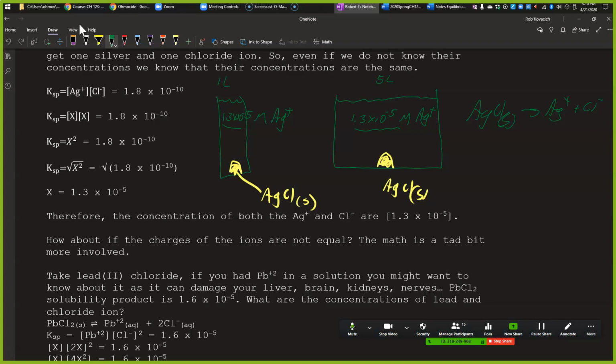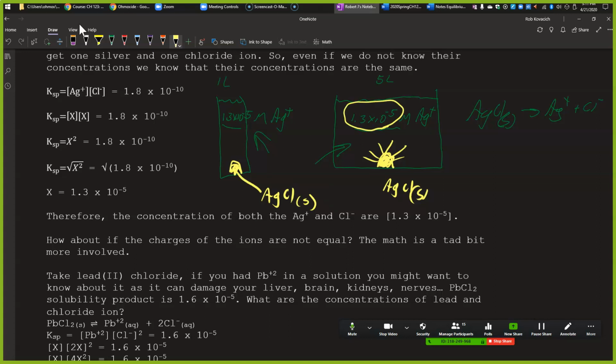It's still a solid. So this container over here got to 1.3 times 10 to the negative fifth concentration a lot faster than this container here. But this container is eventually going to get there. As long as there's some solid silver chloride down here, it's going to keep dumping silver ions into the solution until it reaches that concentration.